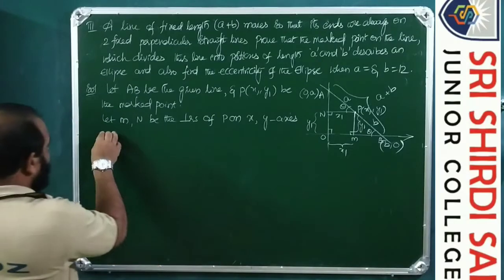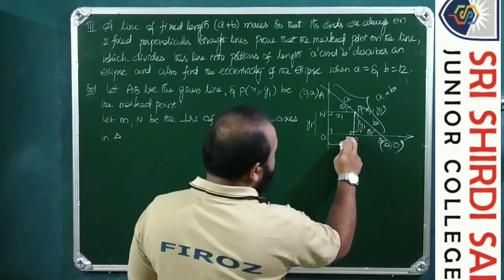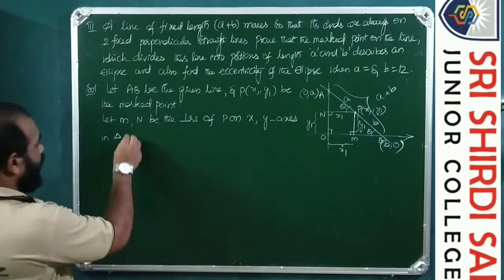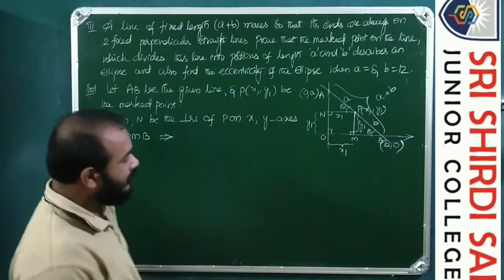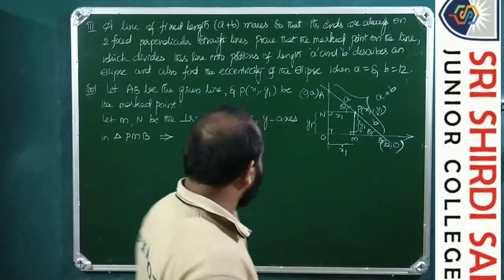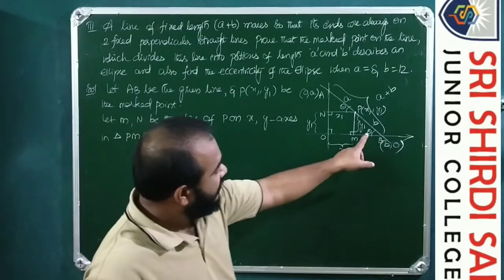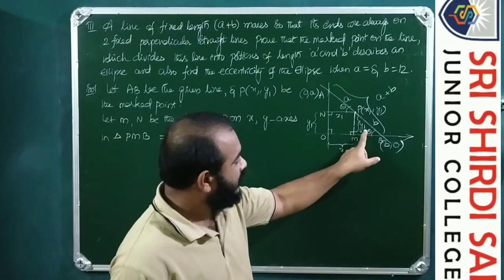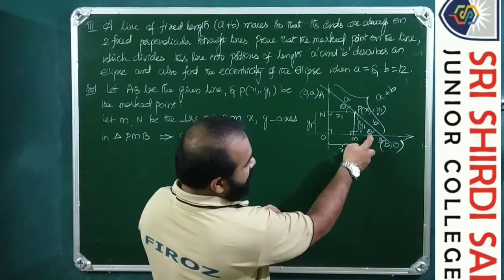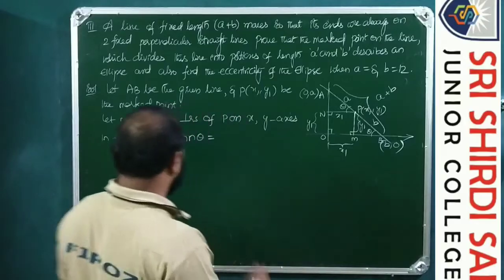Now in triangle PMB, in triangle PMB implies sin theta is equals to opposite side by hypotenuse. So opposite side of this theta is y1, hypotenuse is b. So y1 by b.